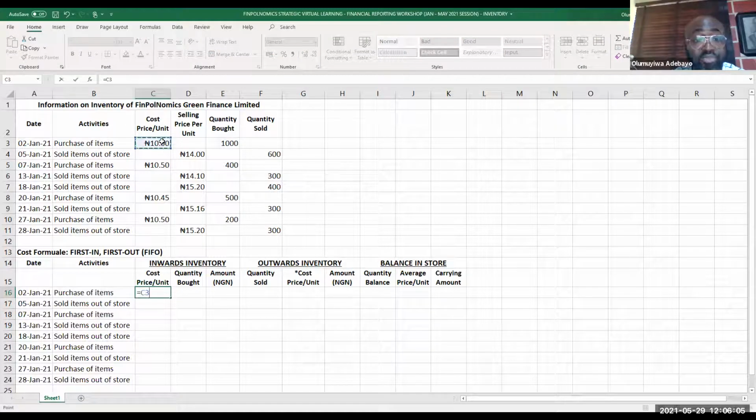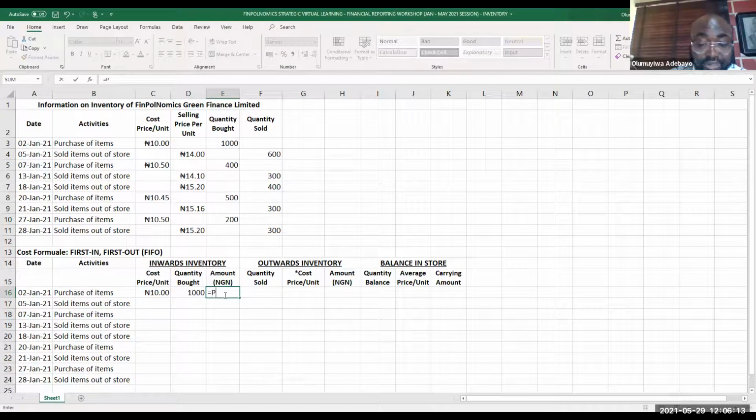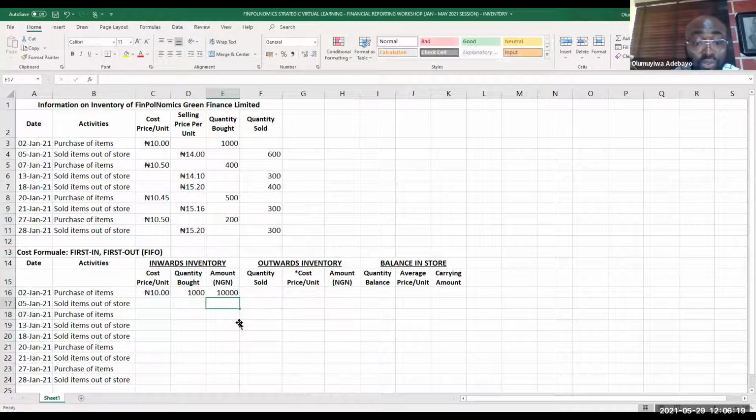The first item was purchased at 10 naira. The quantity was 1,000. Therefore, the cost price is the product of this, which is 10,000 naira.